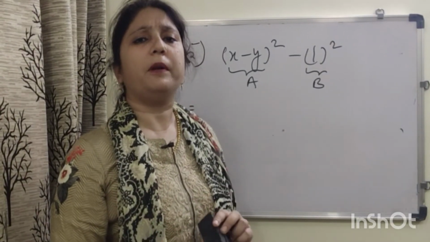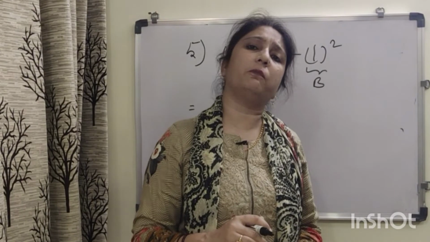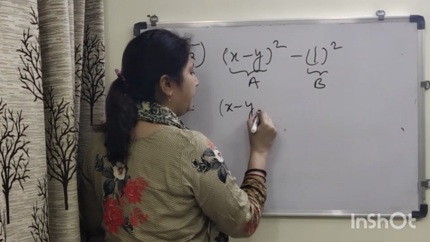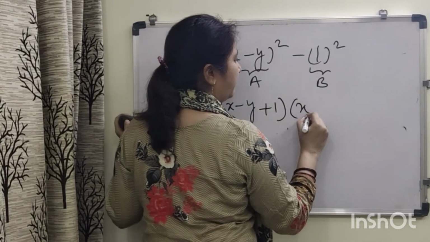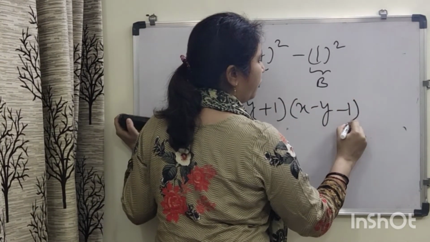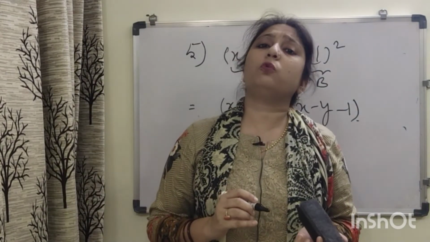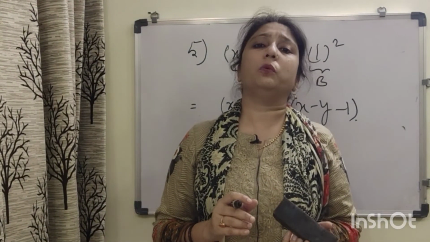So what will be the answer? (x minus y plus 1)(x minus y minus 1). So you can easily use the identity A square minus B square.